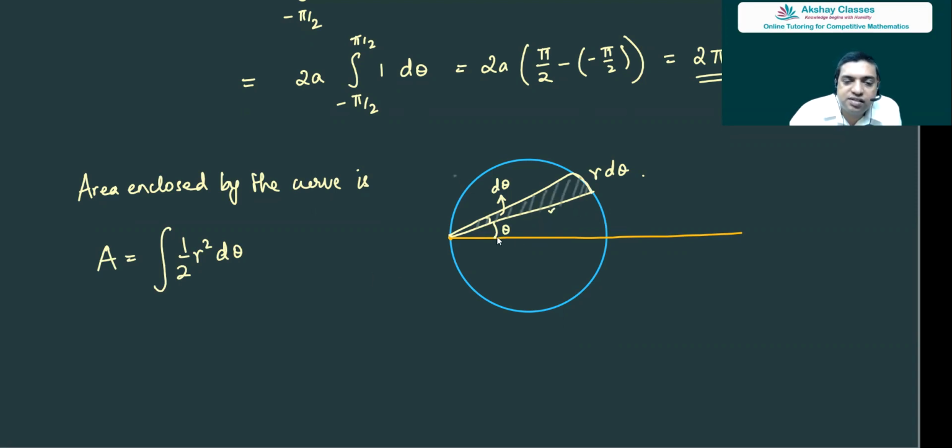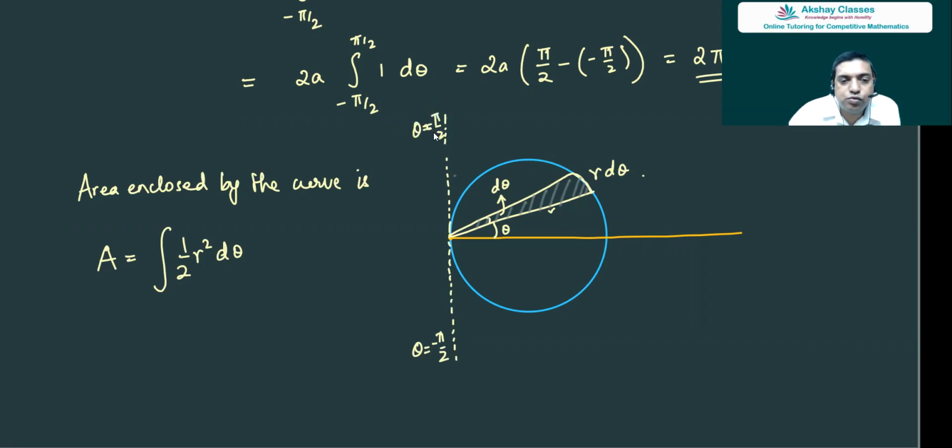Now all such sectors, when theta varies from minus pi by 2 to pi by 2, this is the line.